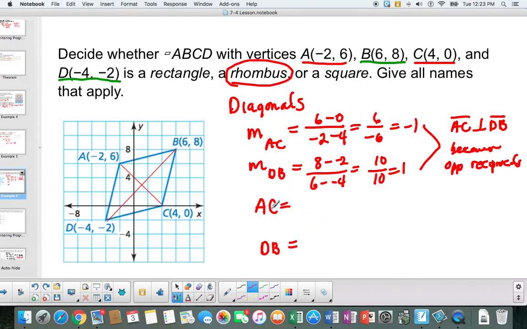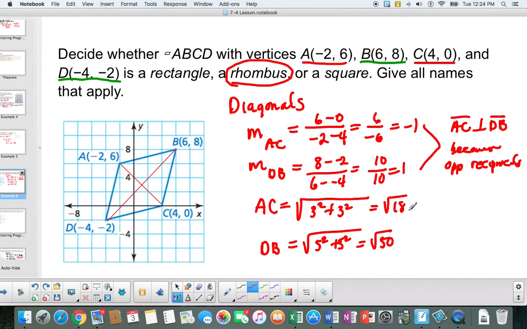Let's take a look at the distance. Now, visually, you can see the distances are not the same. So I'll go ahead and figure them out, but visually we can see that it's not going to be. So it's going to be 3 squared plus 3 squared, which is root 18, and DB is root, let's see, 1, 2, 3, 4, 5, 5 squared plus 5 squared, and that's root 50.